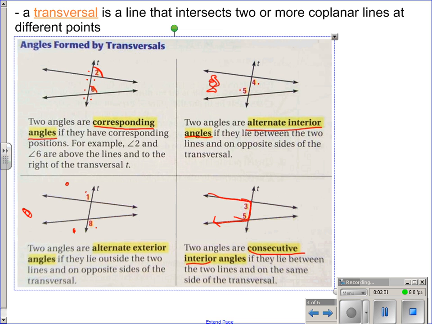Consecutive, one after the other. They're both on the interior. So consecutive interior angles. Hit 3, then 5. If you go in the other direction, doesn't matter. You hit 5, then angle 3. Just follow that path. Okay, these are special names. You're going to need to know these frontwards and backwards and how to recognize where they're at.